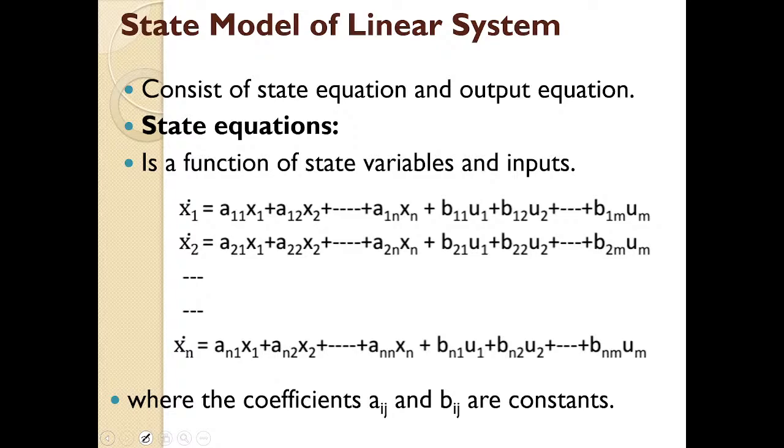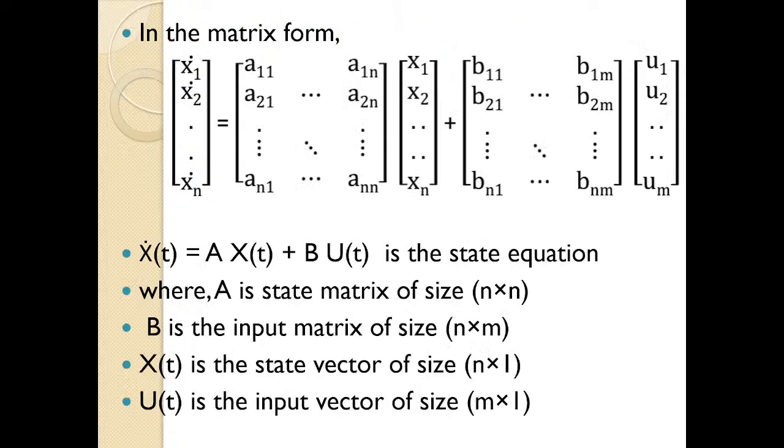Now you can represent these state equations in matrix form. So you can represent all x1 dot, x2 dot to xn dot, the first order derivatives of state variables, as equal to all the coefficients of your state variables.